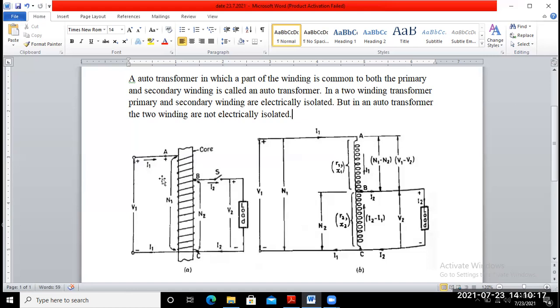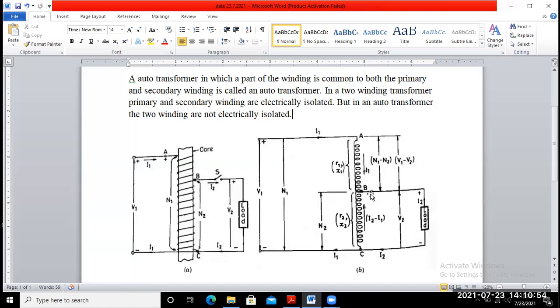Now, if you want this schematic diagram in conventional electrical circuit parameters, or the equivalent circuit, then it looks this way. This is your supply voltage, and the whole winding has N1 turns from A to C. If you classify this, A to B has resistance R1 and leakage reactance X1.